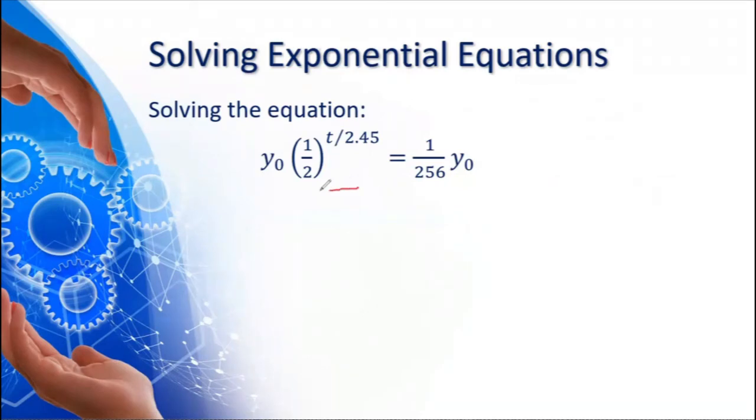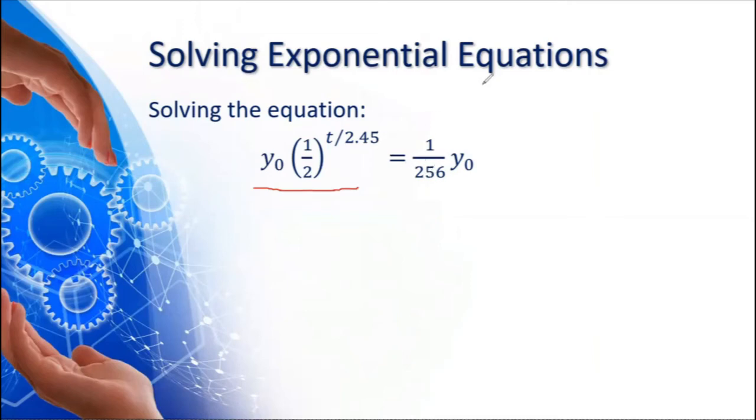At yung isa pang information na nagsasabi na 1 out of 256 of y sub 0. Diba? Ito yung nasa information to sa ating original situation. So, we can equate or equal the two expressions.